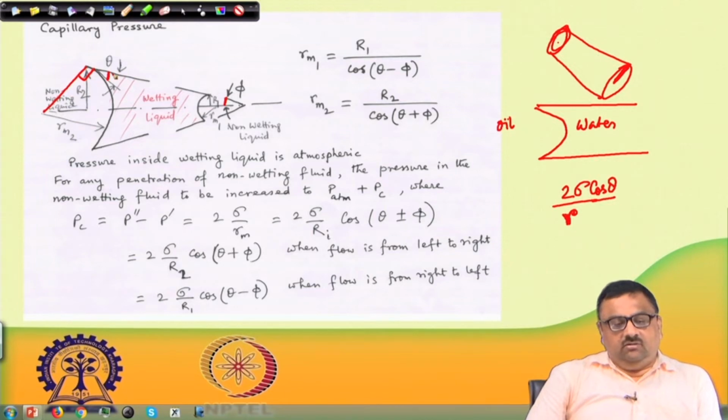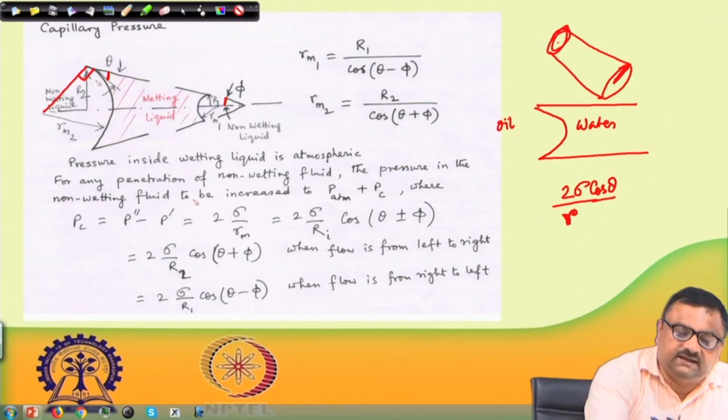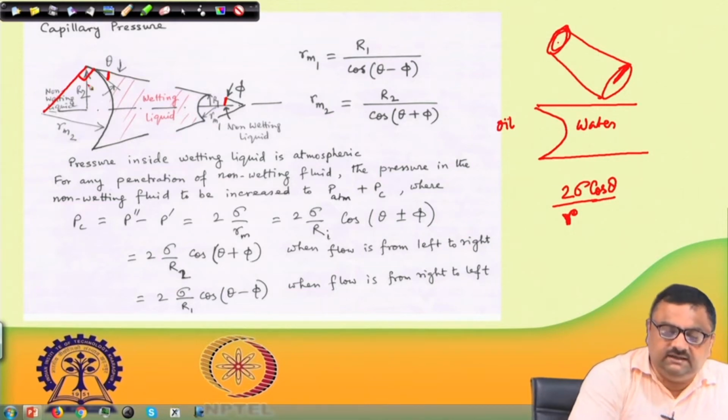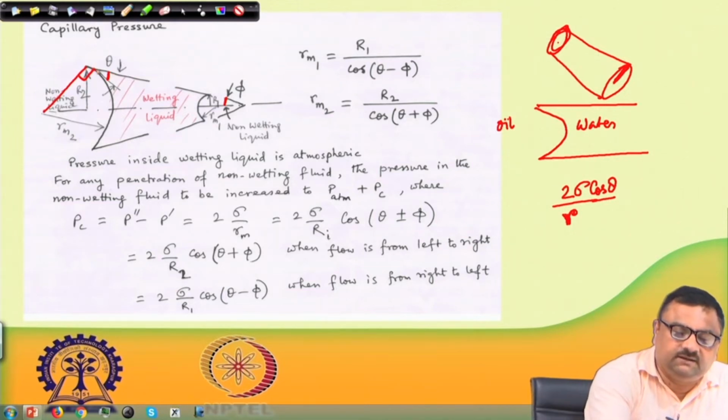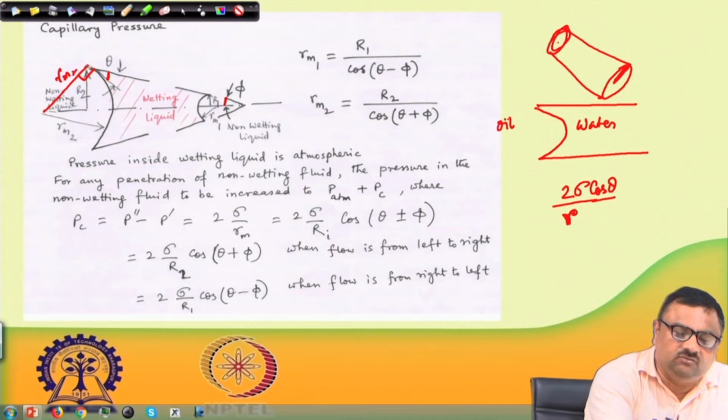So one can say that this particular angle is 90 degree, because this side it is Rm2, and here this angle is 90 degree once again.